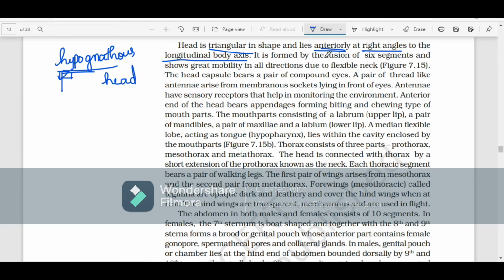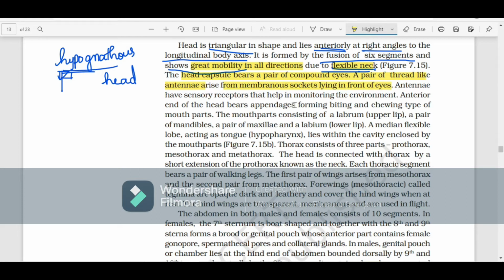It is formed by the fusion of six segments and shows great mobility in all directions due to a flexible neck. The head capsule bears a pair of compound eyes. A pair of thread-like antennae arises from the membranous sockets lying in front of the eyes.